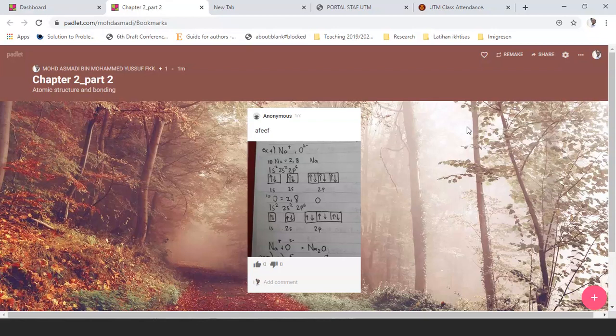Oh, so difficult, right? So another 1 minute. I hope there's one answer in the Padlet. It's okay. Afif is good. Good try.